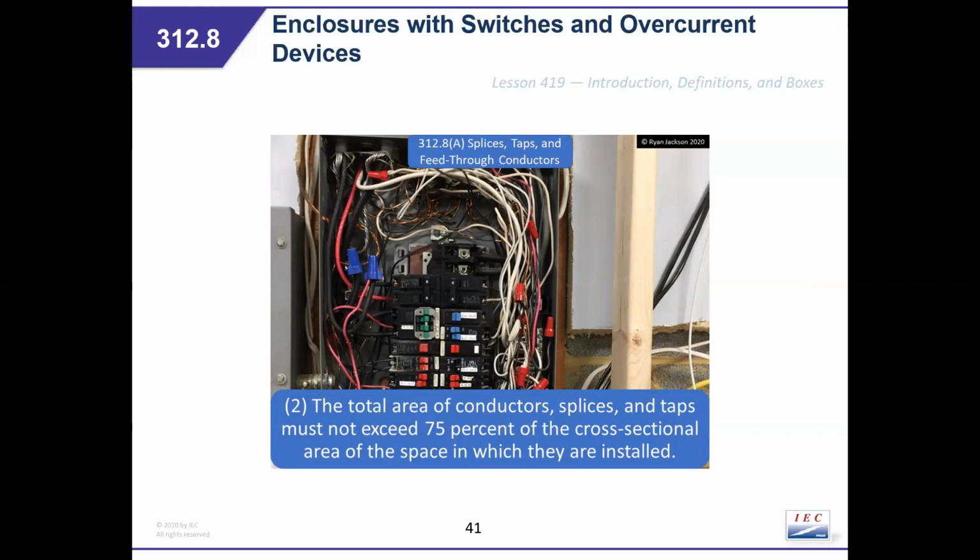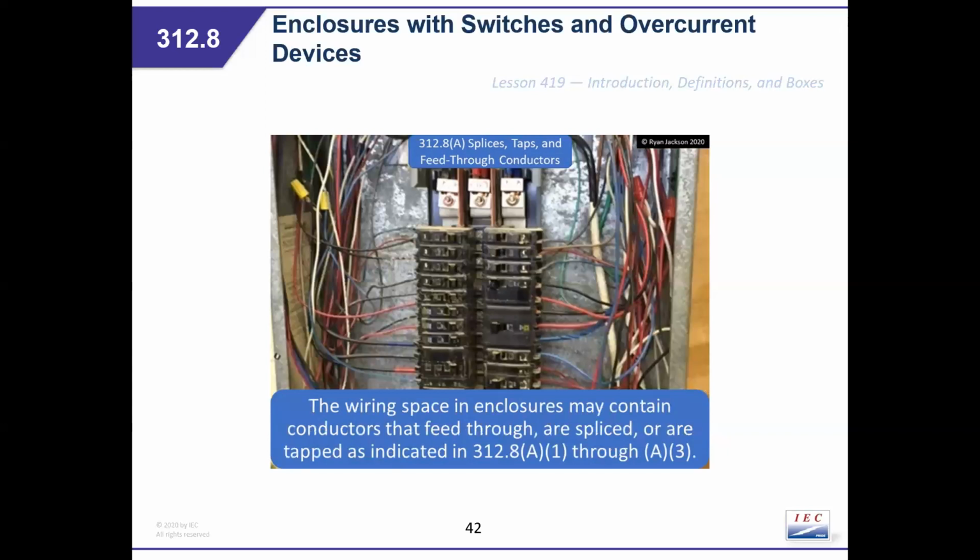Conductor splices and taps, 312.8a, we're still there. The wiring space in enclosures may contain conductors that feed through, are spliced, or are tapped as indicated in 312.8a1 through a3.